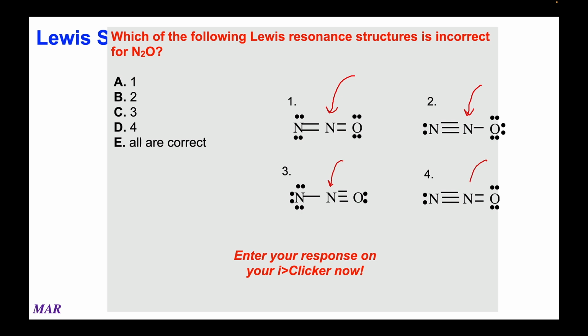But if you look at structure number 4, that central nitrogen has a problem because that nitrogen has 2 bonds to oxygen and 3 bonds to nitrogen. Now that's 5 bonds total. A real important thing to follow is that anything in that second period, so carbon, nitrogen, oxygen, fluorine, can never have more than 4 pairs of electrons.